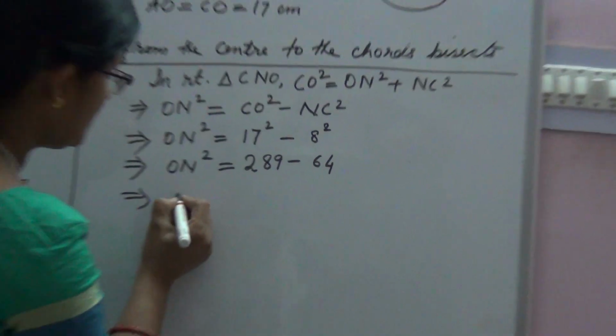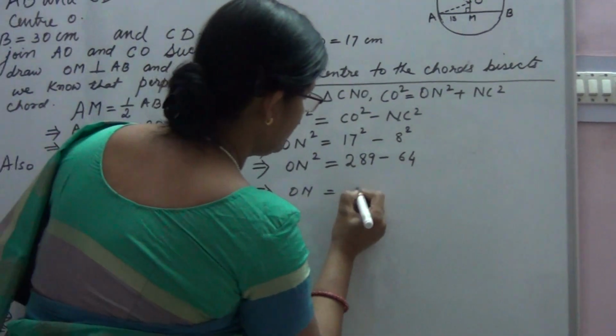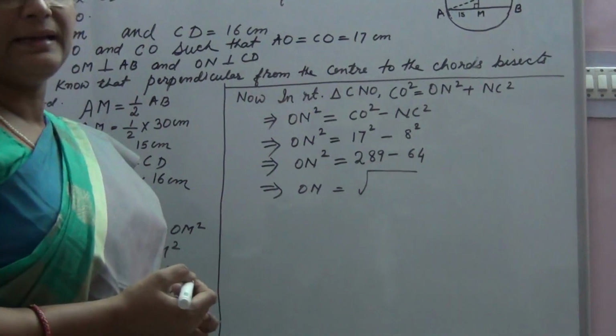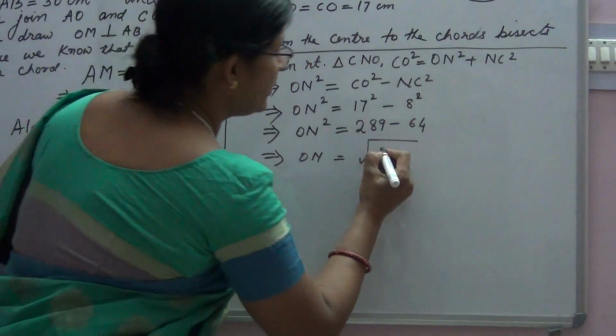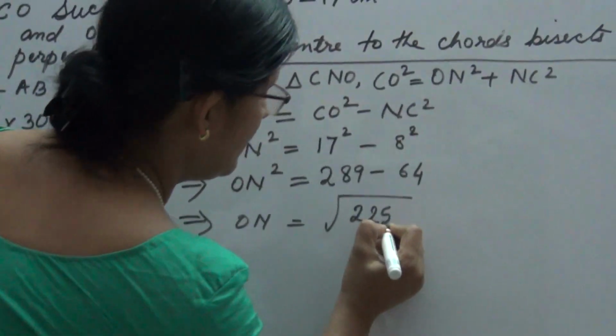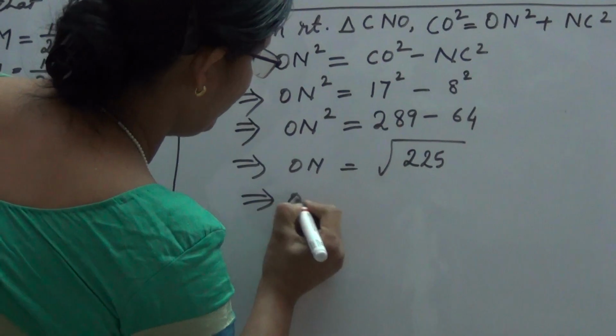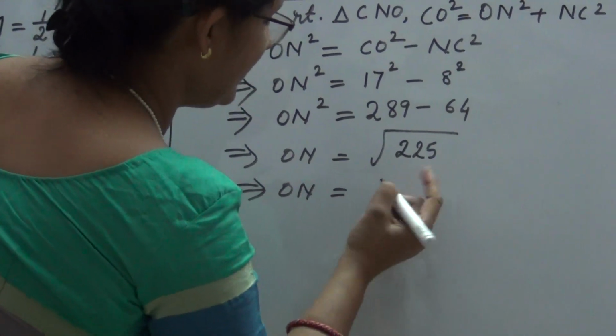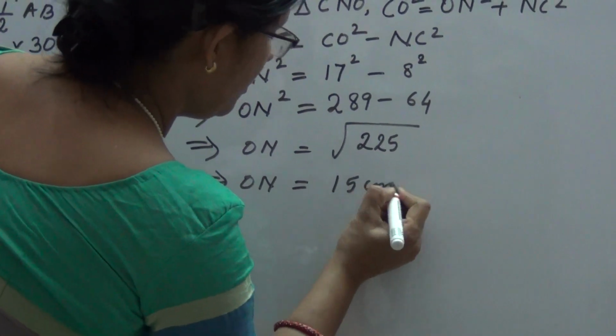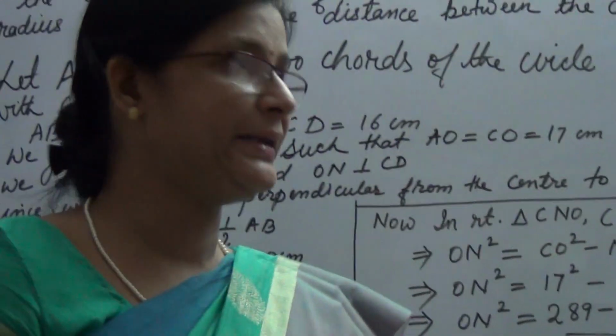This implies that ON is equal to the square root of 225, which is 15. Now ON is equal to 15 centimeter.